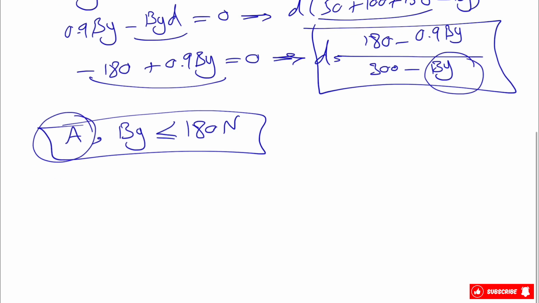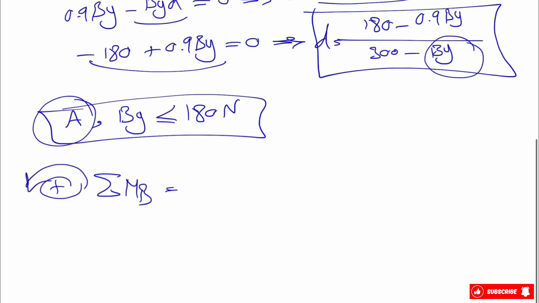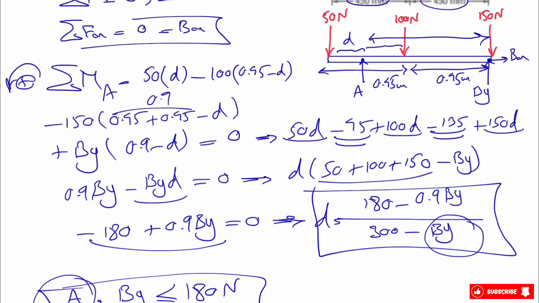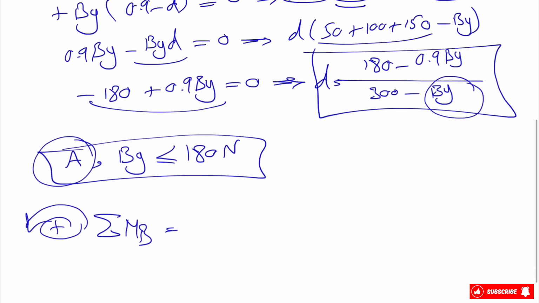So we're going to do the moment about point B, and that way we find D based on A. The 150 Newton force won't make any moment about point B. We have the 50 Newton force with a counterclockwise moment, the 100 Newton force with a counterclockwise moment, and the moment of A. For the 50 Newton force, the distance is the length of the beam, which is 0.9.